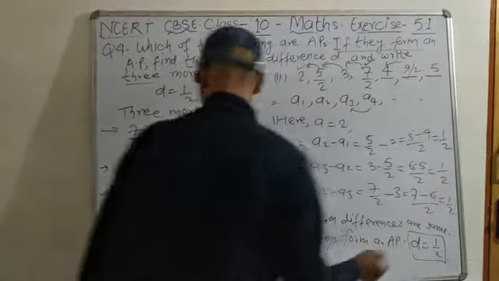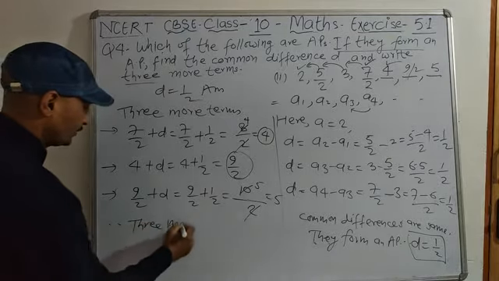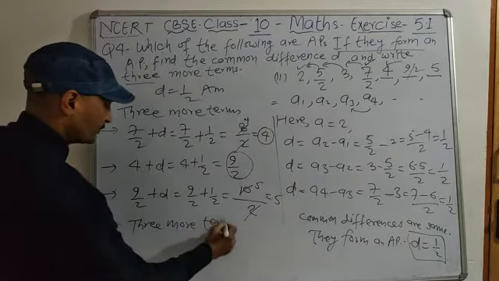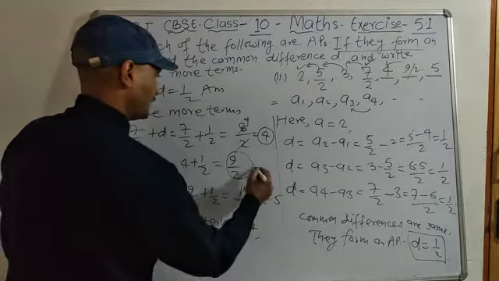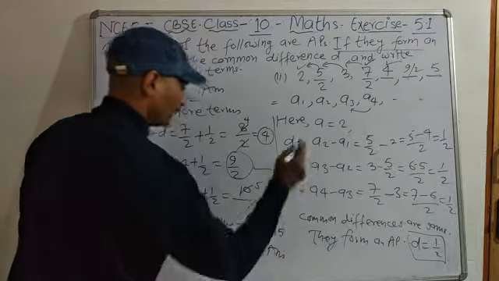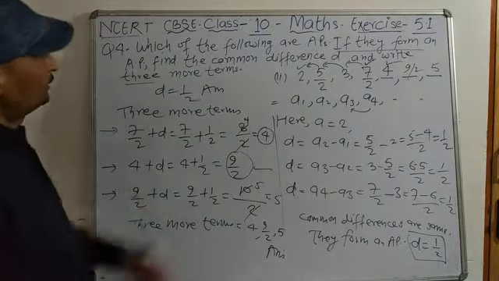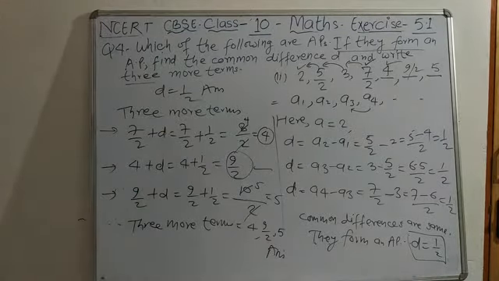So 3 more terms are 4, 9 by 2 and 5. So it is our answer. So we can do by this system and we can find next 3 terms.